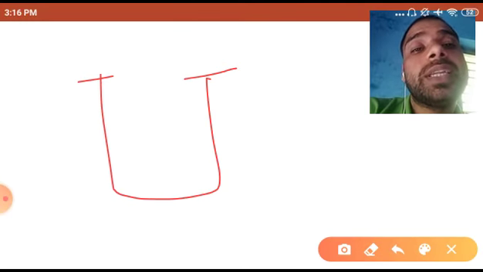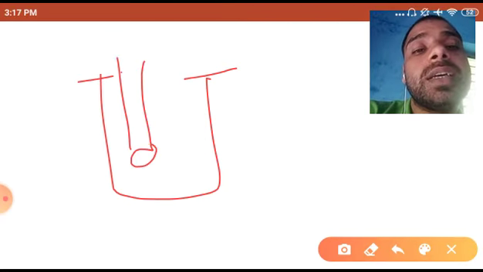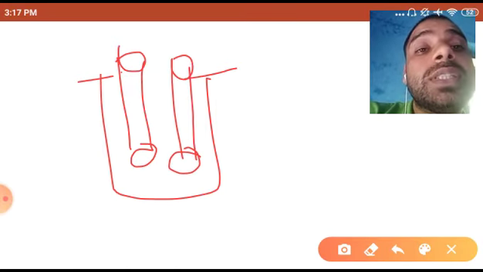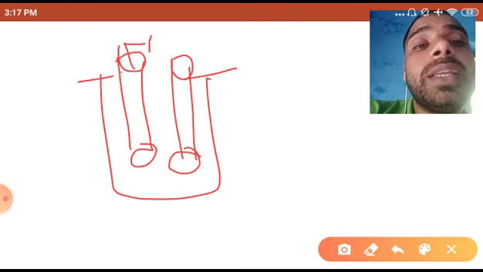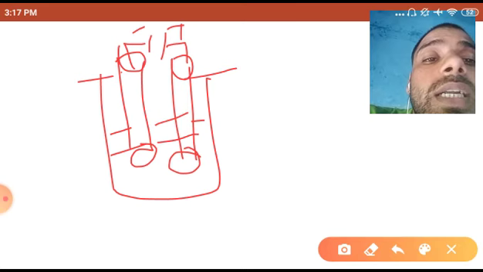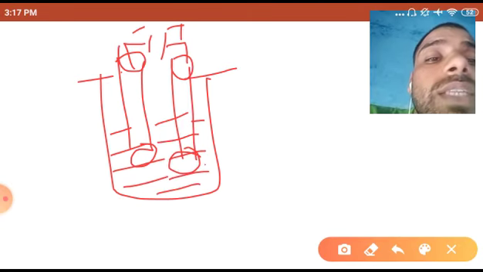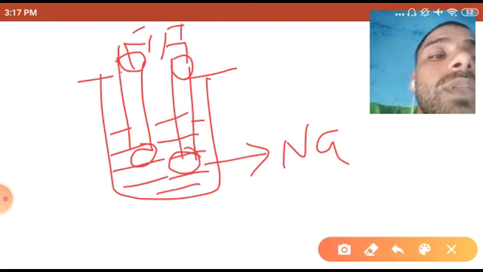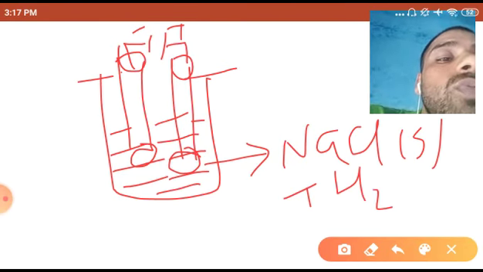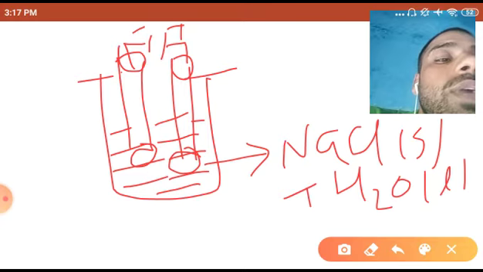Okay, and here you can take some electrodes. The electrodes are connected to the source of a battery, with the negative terminal and positive terminal, and here it is connected to the other electrode. Here I have taken the brine solution, you know, NaCl solid plus H2O liquid. Okay, dear students.